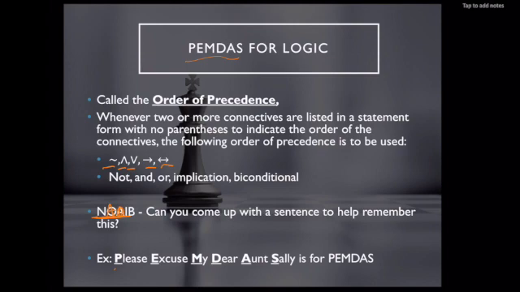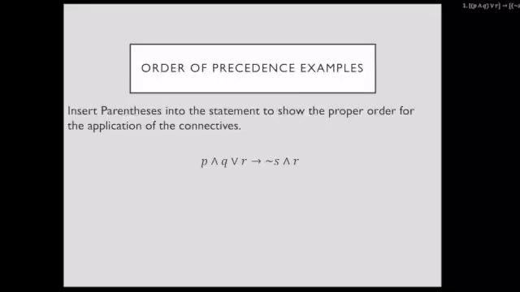So let's go ahead and do an example to put parentheses in place to show the proper order of precedence. So the first thing I want to take care of is this not. So this is going to be not S and R. And here I have an and, and then last I have my or. So that's how we'd put in parentheses to show the order of precedence when the order of precedence is not given.